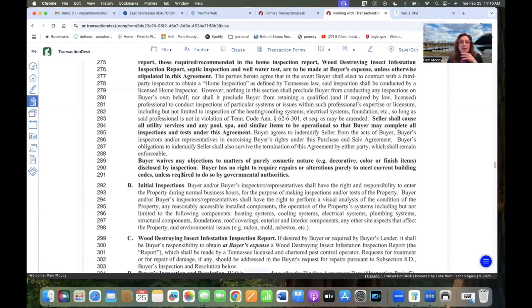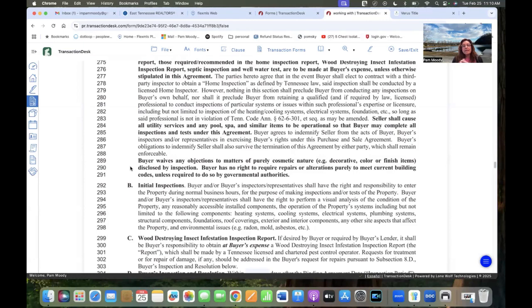Buyer waives any objections to matters of purely cosmetic nature, decorative color or finish items disclosed by inspection. Buyer has no right to require repairs or alterations purely to meet current building codes unless required to do so by governmental authorities. So it's an older house and it doesn't meet 2025 criteria, but it did meet it when it was built.